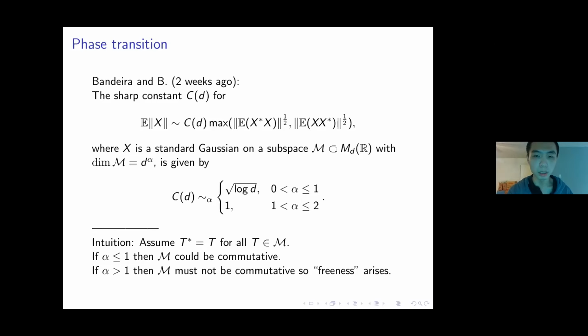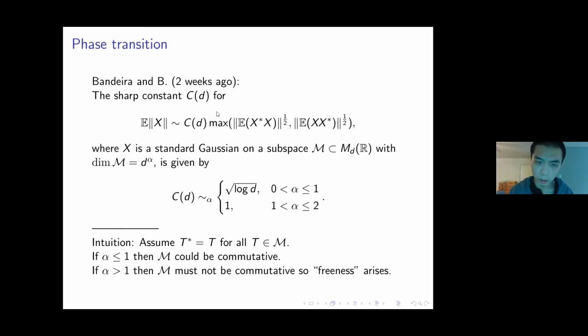A subspace of the space of d by d matrices is going to have dimension between 0 and d squared. So alpha is going to be between 0 and 2. Assume this is a non-zero subspace. And then I should put inequality rather than equality of the constant.